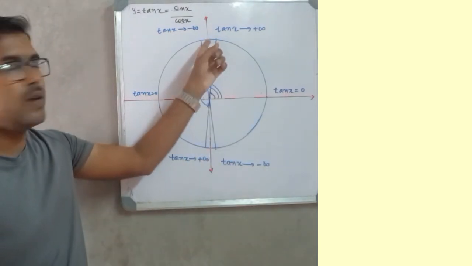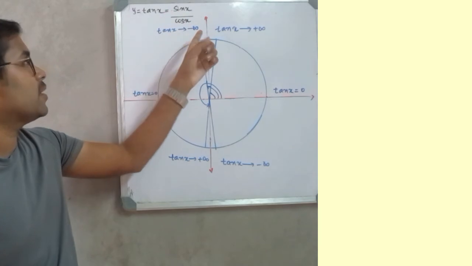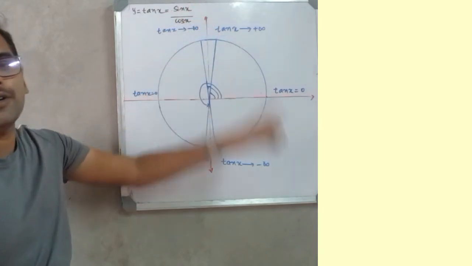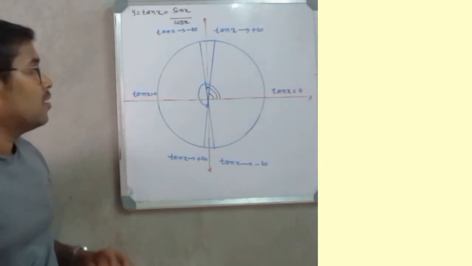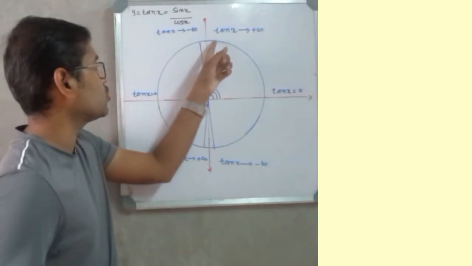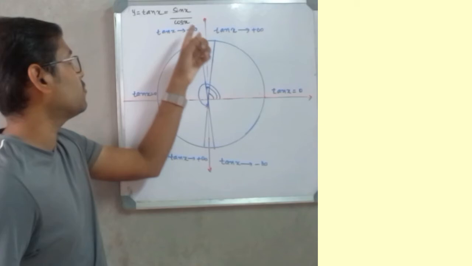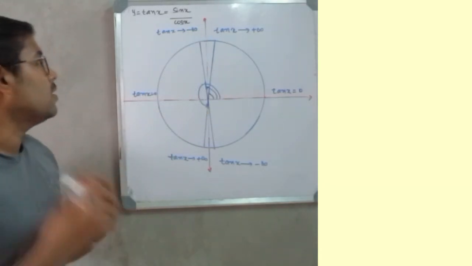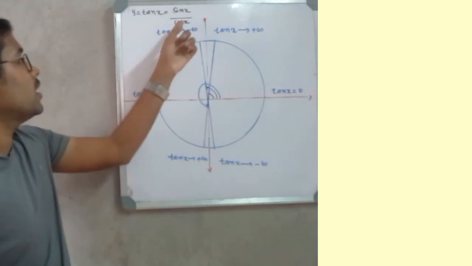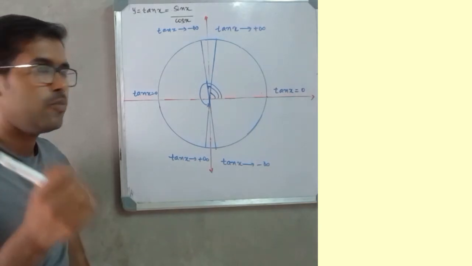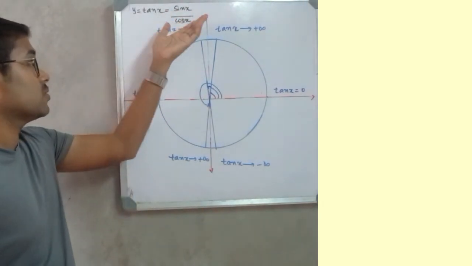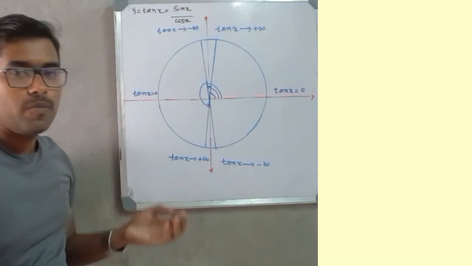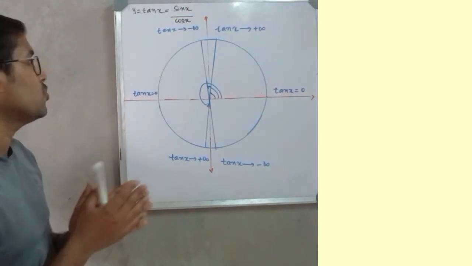At x is equal to pi by 2, sin pi by 2 is 1 and cos pi by 2 is 0. In that case, tan pi by 2 is not defined. But if you choose value which is very closer to pi by 2, the value of tan x will be very large positive number. Why? In that case, cos x will be very small positive number, and if you divide the sin x by very small positive number, you will get a very large positive number.